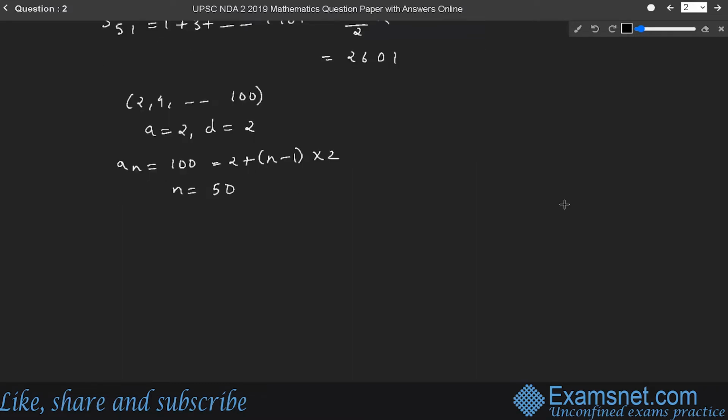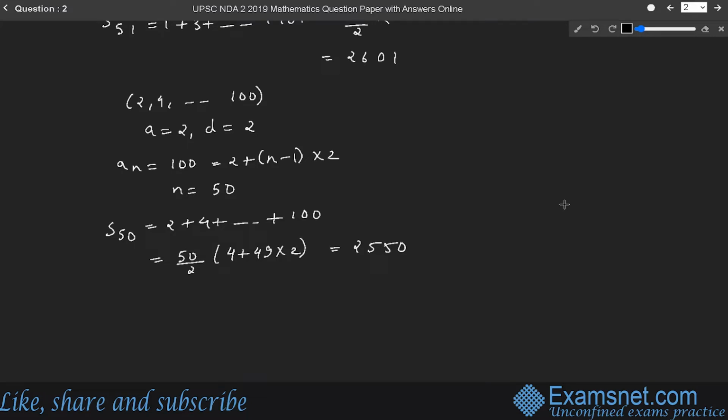So calculating the sum for this, S50 will be equal to 2 plus 4 plus so on plus 100, which gives 50 upon 2 into 4 plus 49 into 2. On further simplifying, this will be 2550.